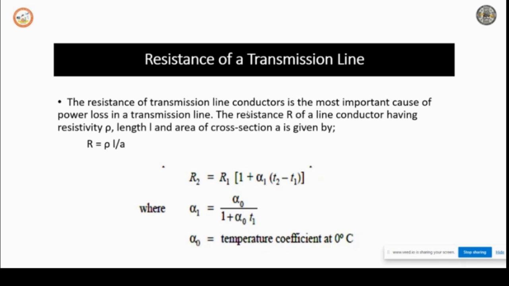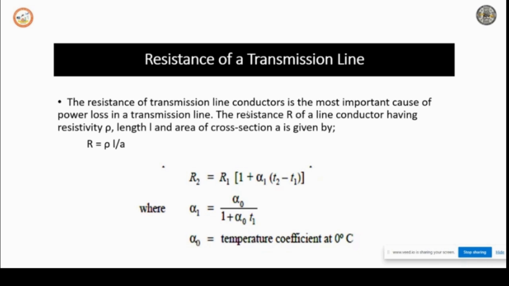Here, the resistance of a transmission line is a very important parameter as it is the main cause of power loss in a transmission line, that everyone knows. If you want, you can define it: it is the opposition offered by the transmission line conductors to the flow of current. The resistance of the line is uniformly distributed along its whole length.